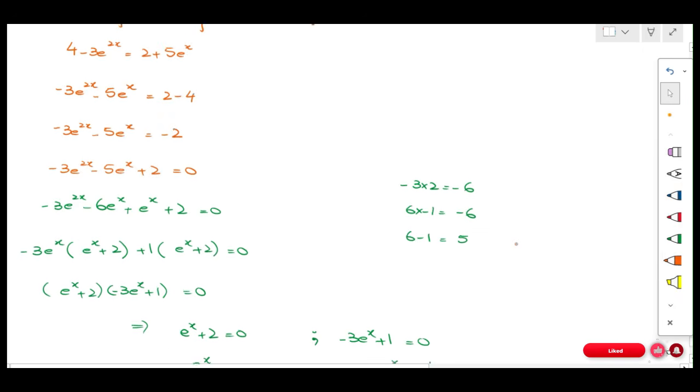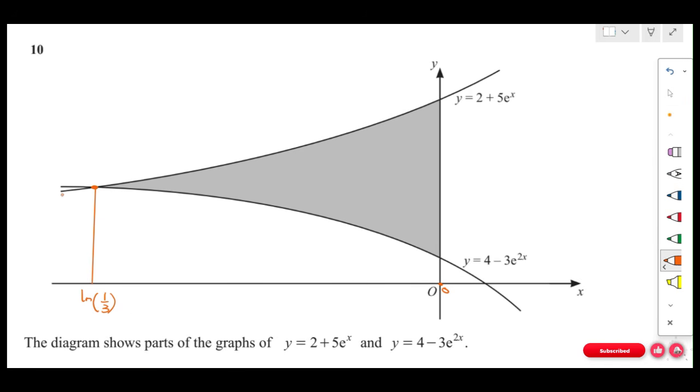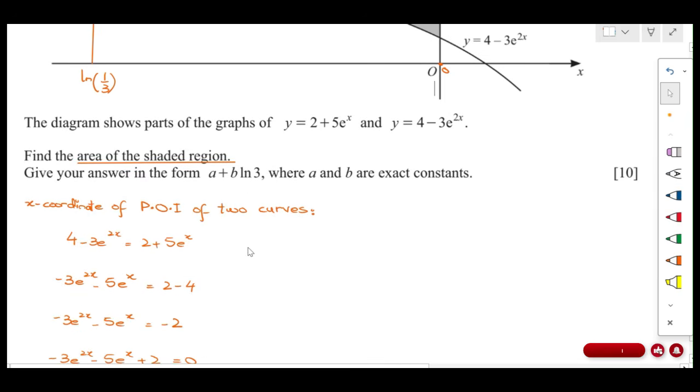This is one x coordinate of the point of intersection, and the other x coordinate is the point where x is equal to 0. So we have to integrate. To get the area between the two curves, we need to integrate the upper curve from 0 to natural log of 1 over 3. It should be negative.